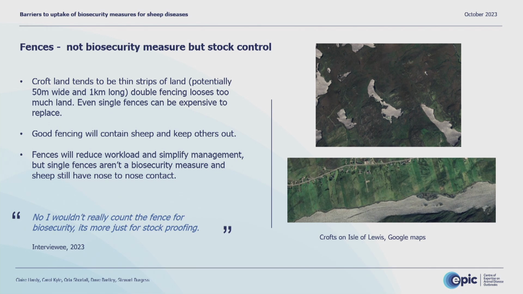So really what they're considering is repairing fences, maybe putting in a single fence, but that means that the animals still have nose-to-nose contact, and as Stu told you, if there's a piece of wool hanging on the fence, that's a big problem. So they actually consider their fences to be stock management rather than biosecurity.